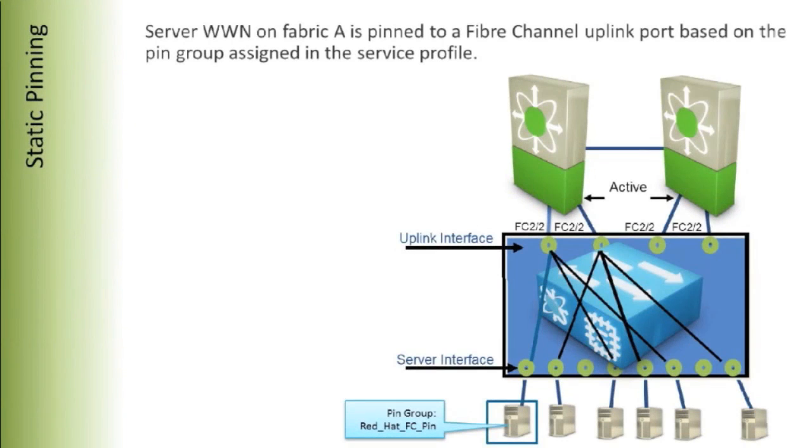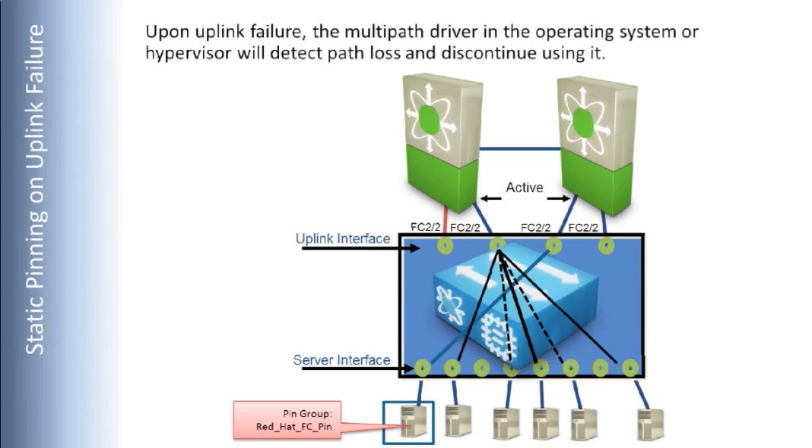So we can go in and say, all right, we have a particular device and we want it pinned to a particular fiber channel uplink. And if there is a failure, we're going to define what uplink on the alternate fabric interconnect that cutover is to utilize.